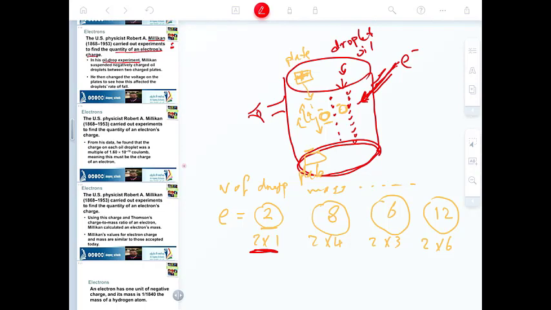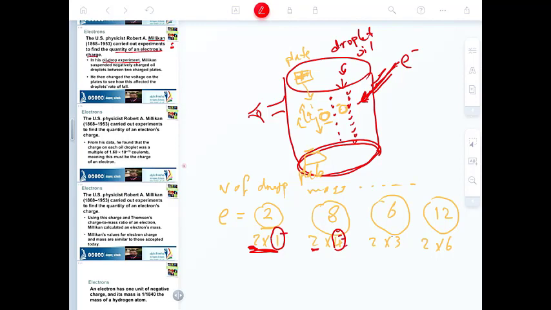It means on this droplet of the first experiment, only 1 electron is carried, and the value of the charge is 2 at this moment, for example. Here the value is 2, but there were 4 electrons, not only 1.